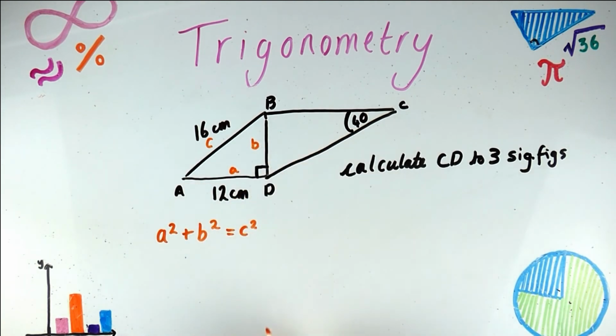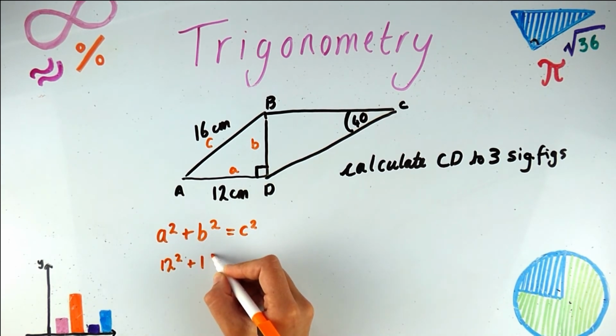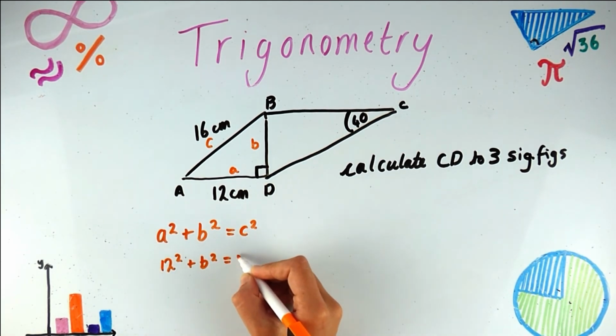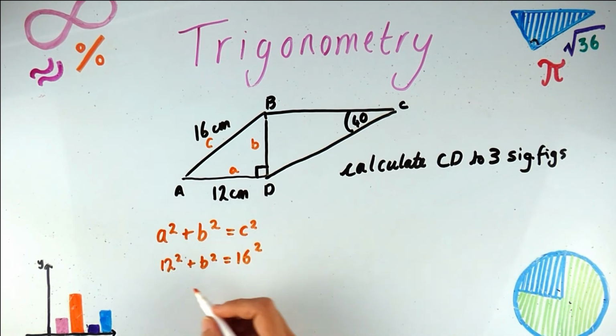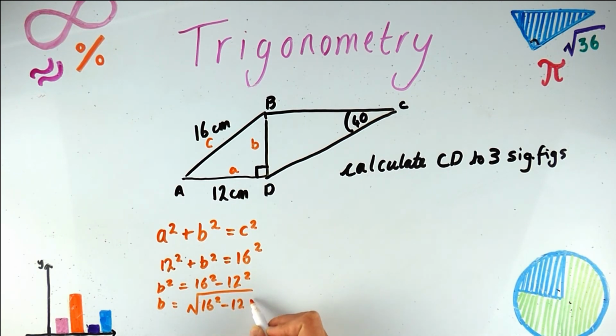Sub in the numbers, a quick rearrangement and solve. So we've got the length of b. Now we go on to trigonometry.